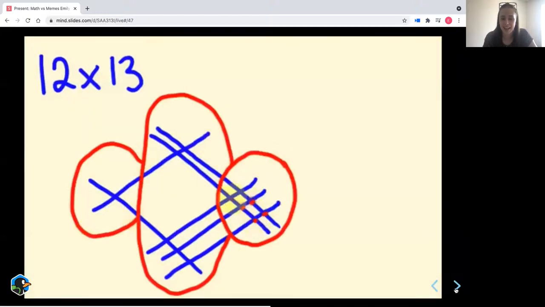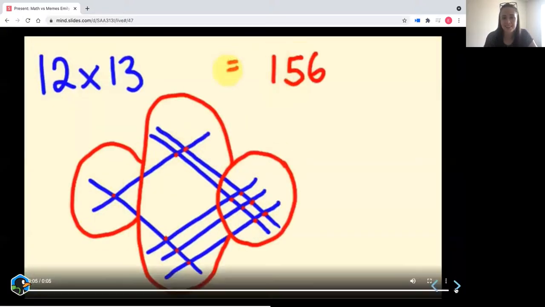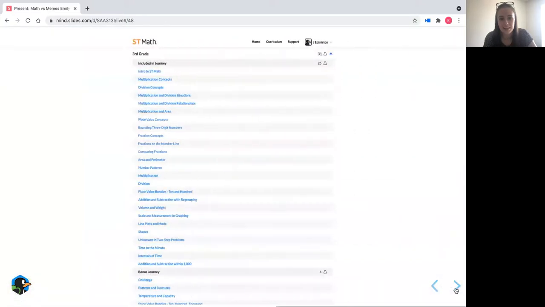So check out this math hack. Pretty neat, right? That game that we just played isn't a math hack. There's a lot that goes into students conceptually understanding fractions. So this is a view into our third grade journey in ST Math. And we have 3 different objectives that align with fractions.